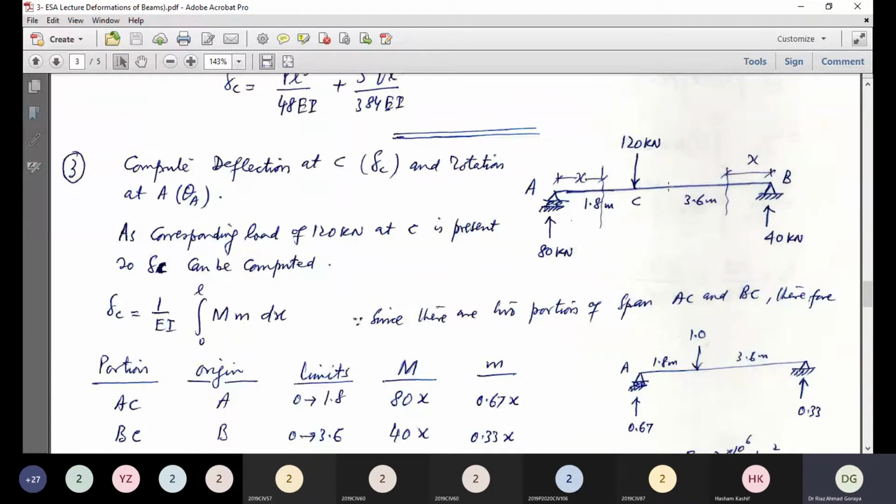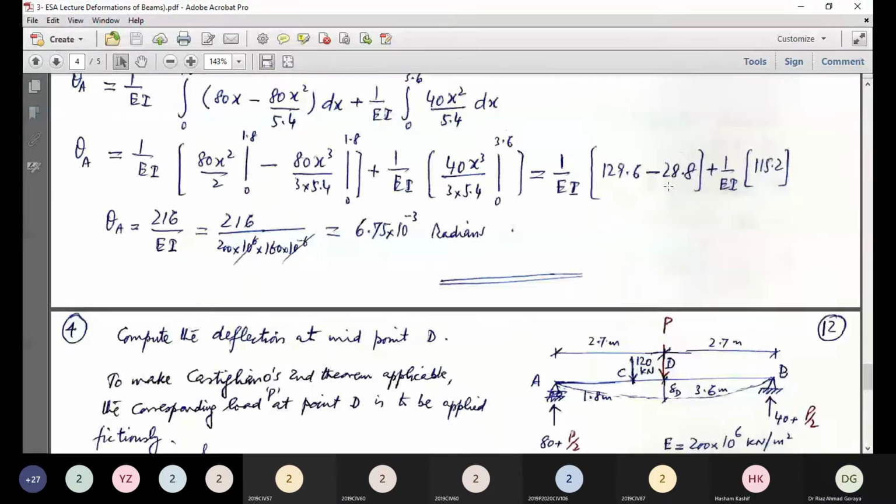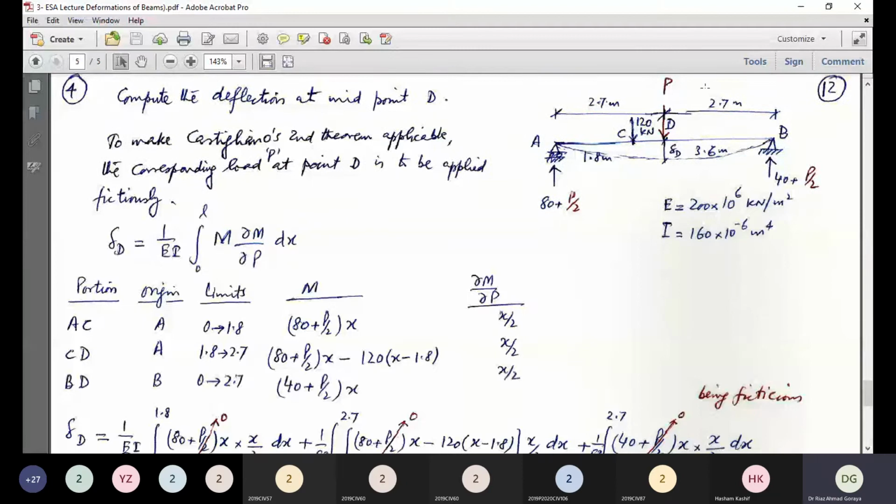Now, since there is no load at D point, look at this beam. Beam is same. The load at C is same. So due to this load 120 kilonewton, the reactions are same, 80 and 40.